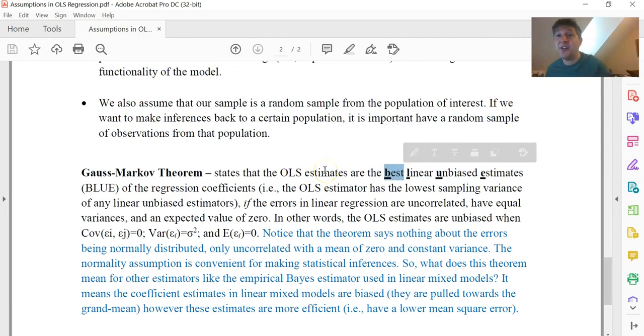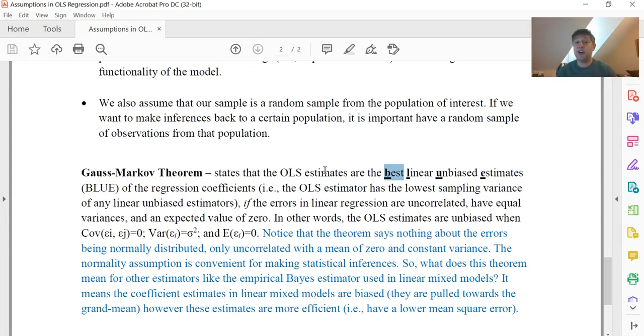So what are the implications for other types of estimators? Say in linear mixed models or multilevel models, we typically estimate random effects with what's called an empirical Bayes estimator, or you might hear them called shrinkage coefficients.